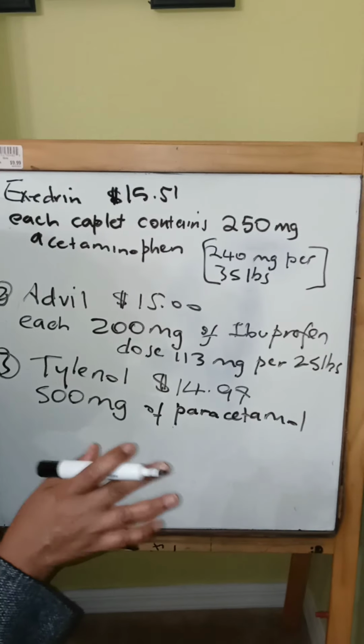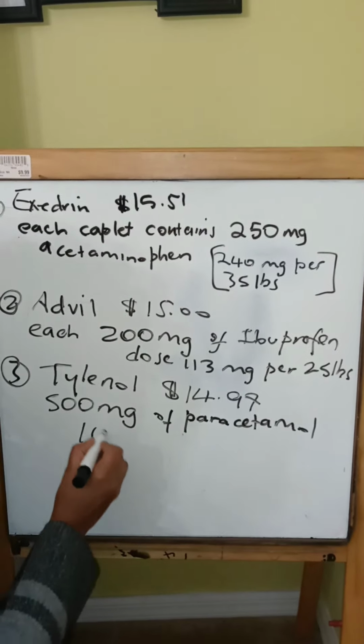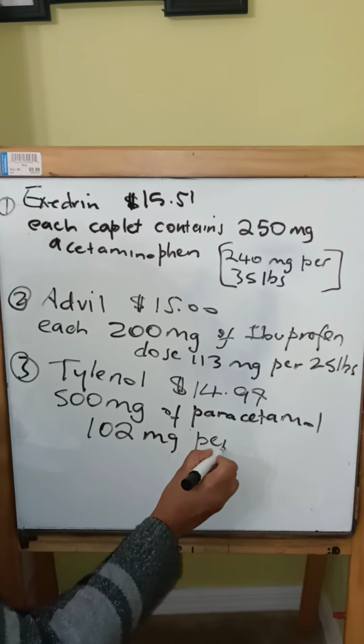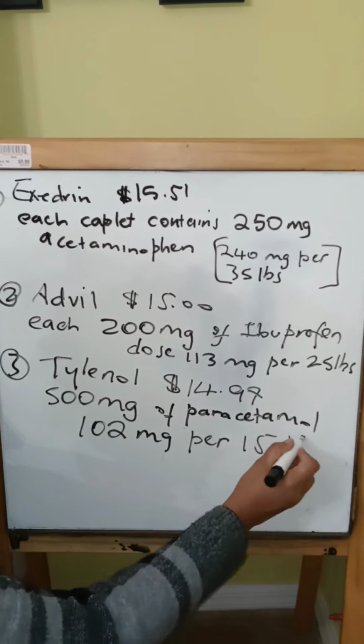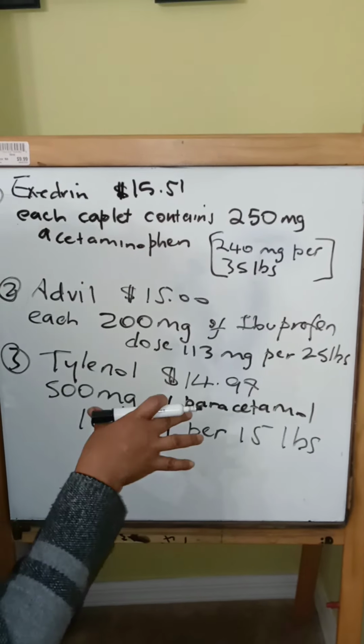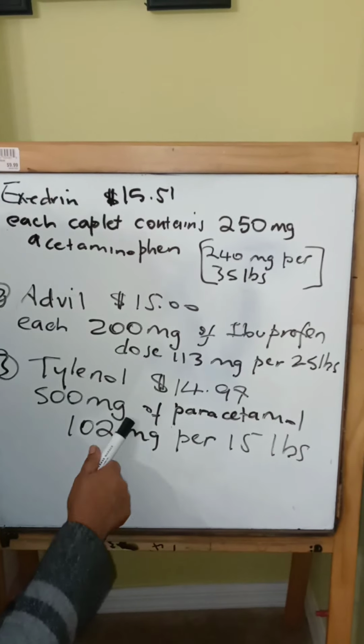Okay, now the recommended dose for Tylenol is 102 milligram per 15 pounds. So remember, we have to acknowledge what we have so that we can move to what we need.